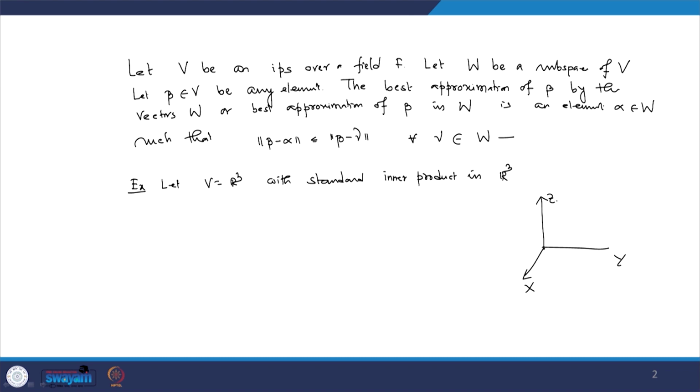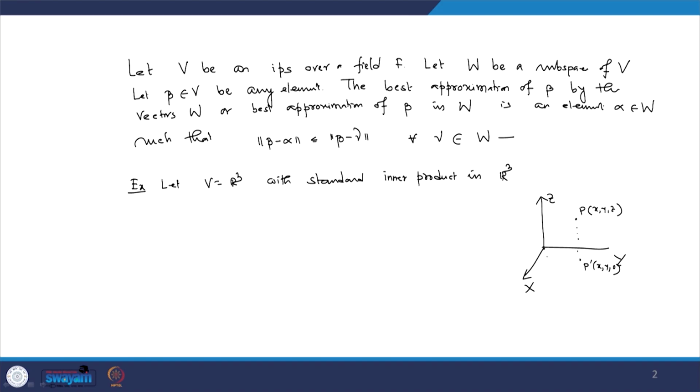Over this Euclidean space, if I take a point P having coordinates x, y, z, and we talk about the best approximation by the vectors over the xy plane, we project this vector onto the xy plane. Suppose it is here, this point P prime.